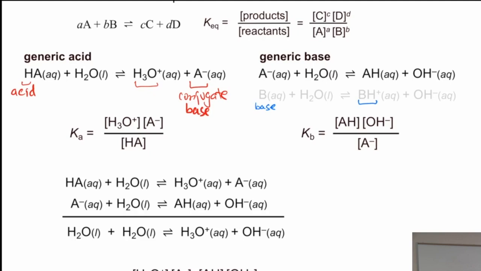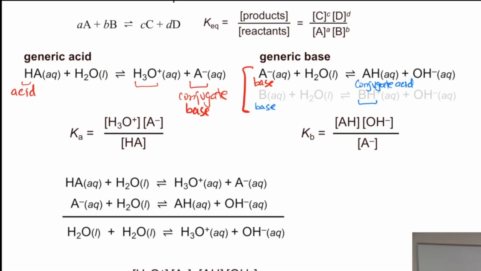So this is what we would call the conjugate acid of the base. Now, for the sake of this slide, I'm also showing you the base in this form, as A minus. It's the same thing. A minus is going to accept a proton from solution and become AH. So these two are the same, but I left this one dark because it now mirrors the generic acid. It's just in reverse.